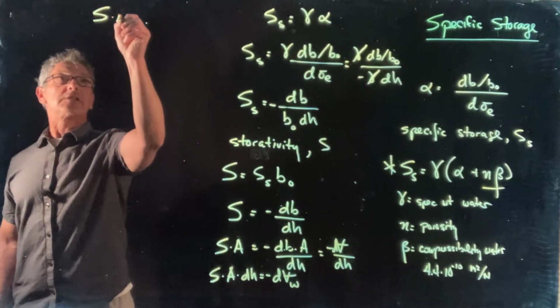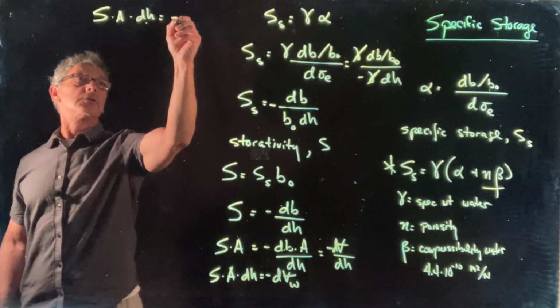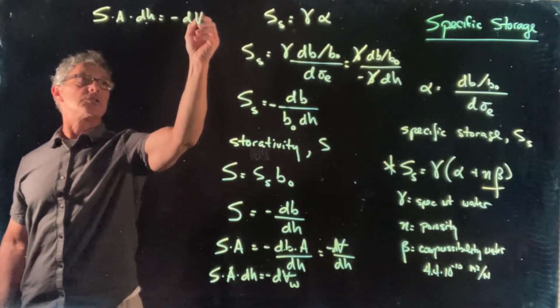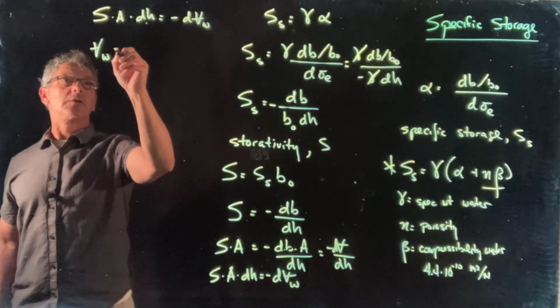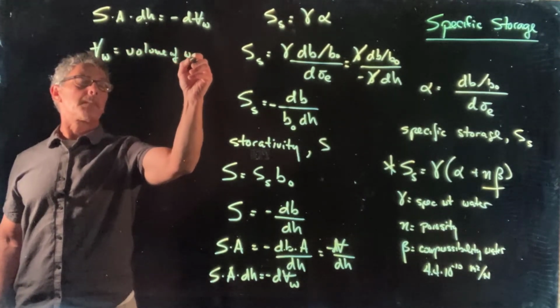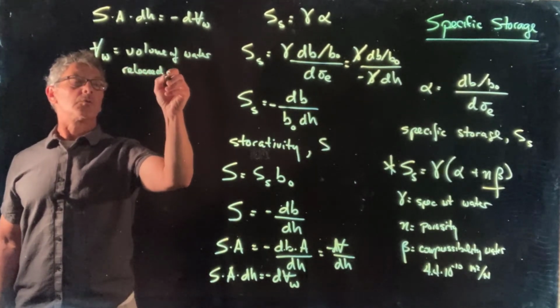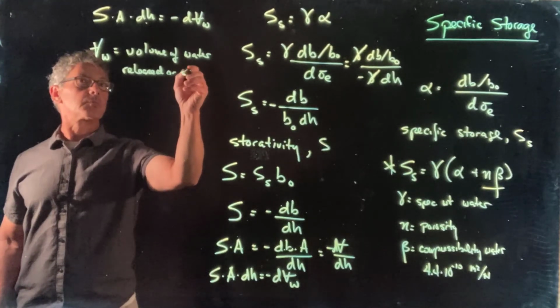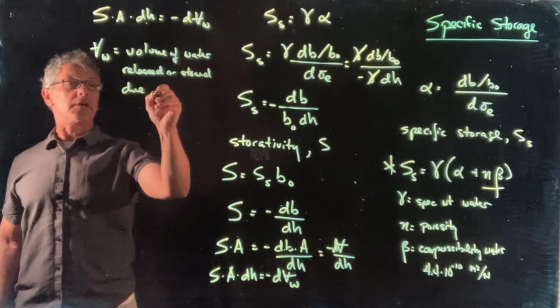The storativity times the area times the change in head is equal to a negative of the change in the volume of water. And so this is the volume of water released or stored due to change in head.